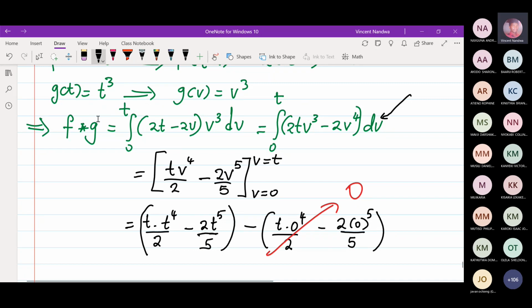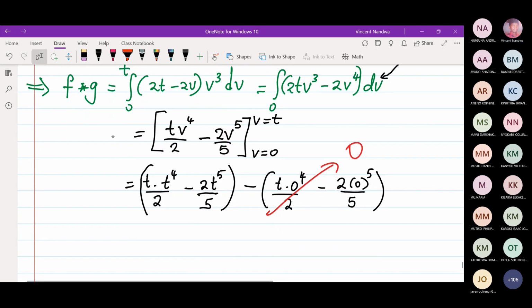So t times t power 4 gives t power 5 over 2 minus 2t power 5 over 5.